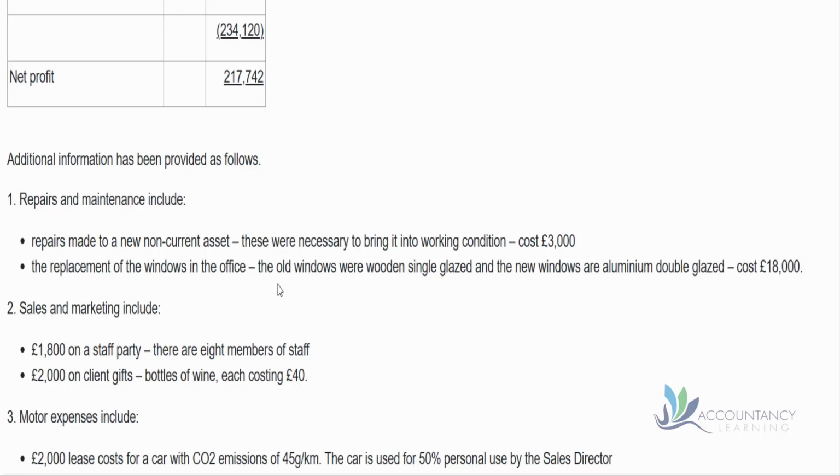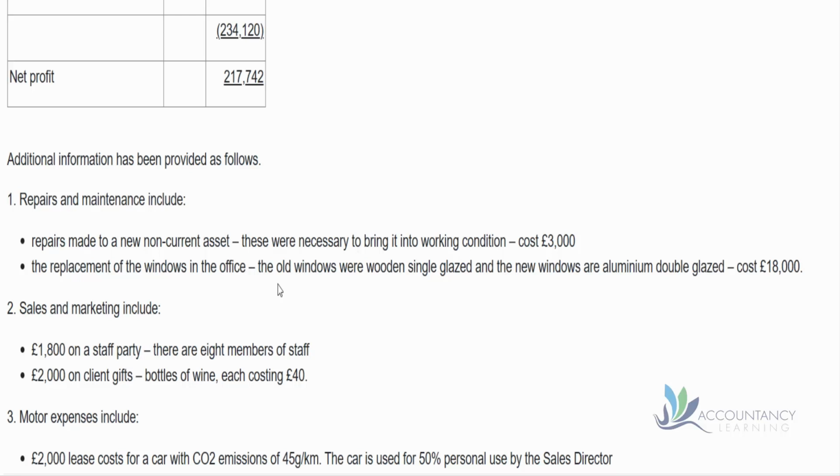HMRC says that double glazed windows is the current standard for windows, and single glaze was the previous standard. So while technically this is an improvement, because there has been an update in the minimum standard really for windows in the country, then HMRC considers this not to be an improvement.